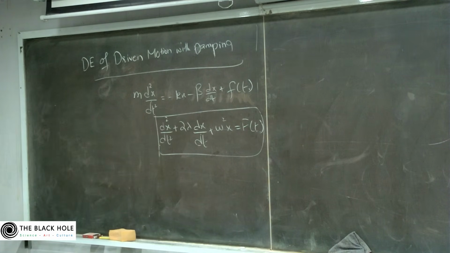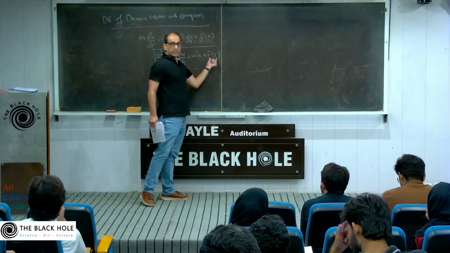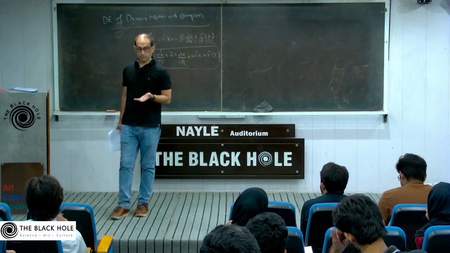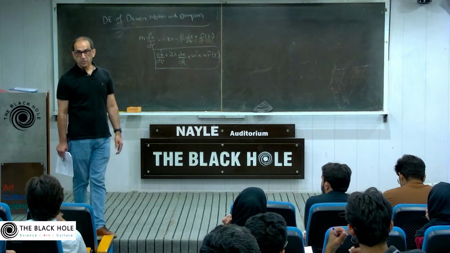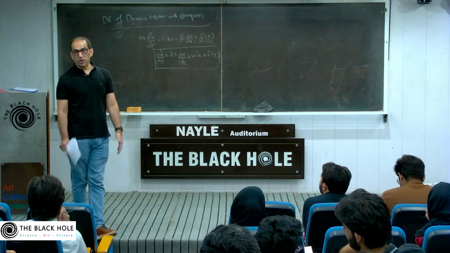Why it is called the damping term, we will have a look at it, but the forcing term here is now the input. So your response will include the effect of this forcing term and which particular function you choose.